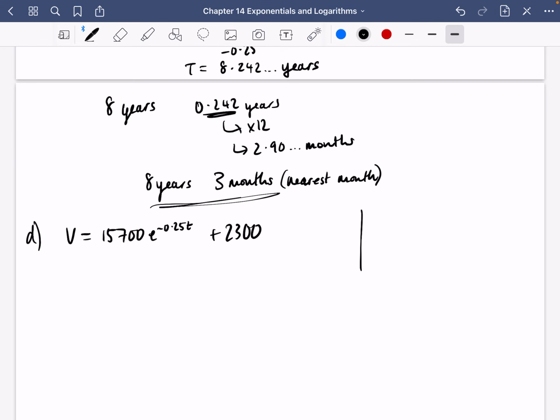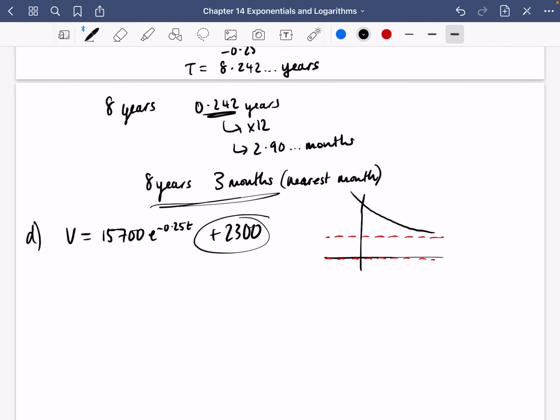Now, if you imagine what this is going to look like as a graph, as a transformation, well, this adding on 2,300 has shifted the asymptote that is usually here. It's moved it so that it's 2,300 up. And we also knew the initial price of the car. We said that the initial price of the car was 18,000.